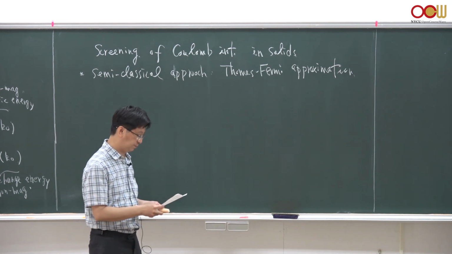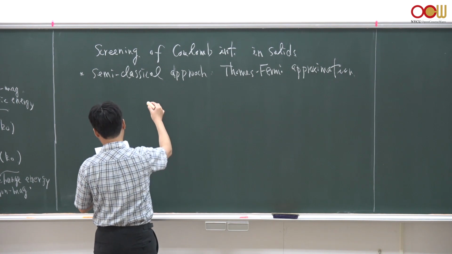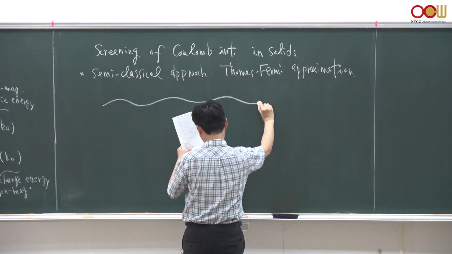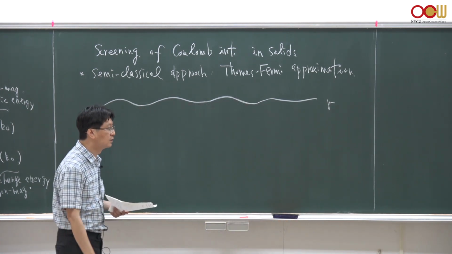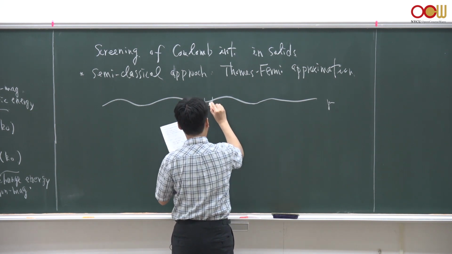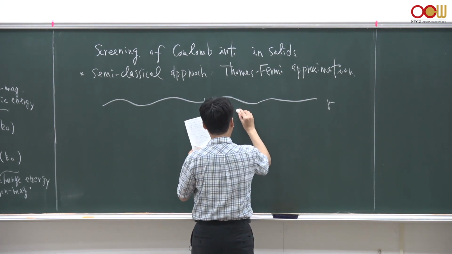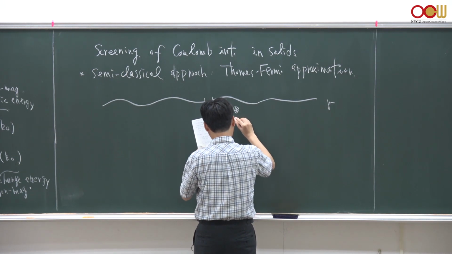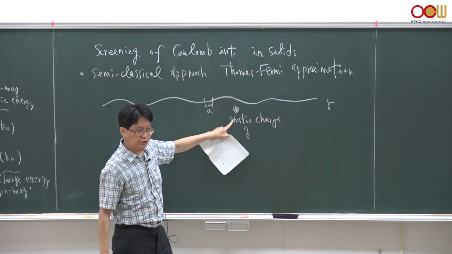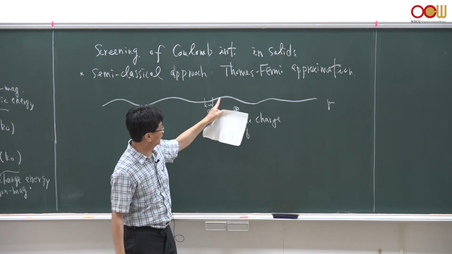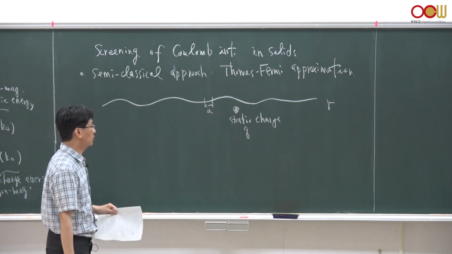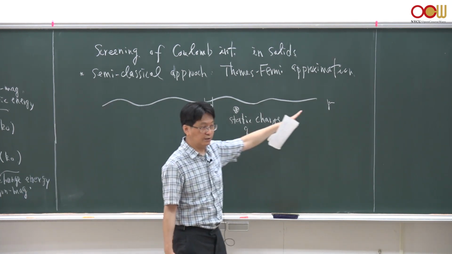So, as I mentioned, we need to consider charge fluctuations. This is some kind of charge distribution in real space, and we know that there's a lattice spacing a, and there's an isolated static charge Q right here, very close to some kind of inhomogeneous charge distribution over the entire space.